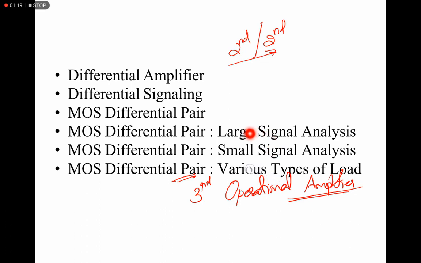In the large signal analysis, some mathematical derivation is there. In the small signal analysis, we will do circuit-level derivation. And the last topic is the MOS differential amplifier with various types of loads for improving the gain of the amplifier.